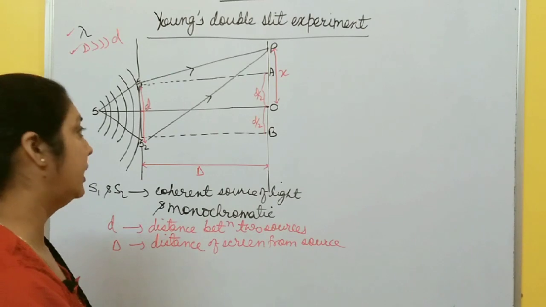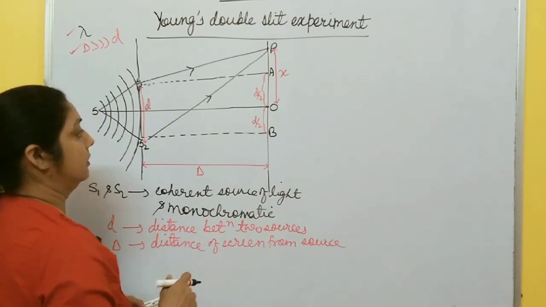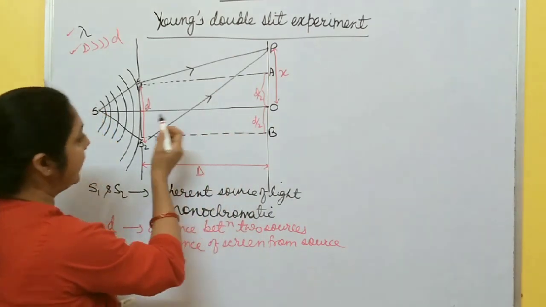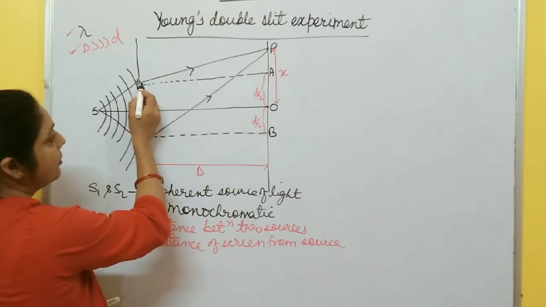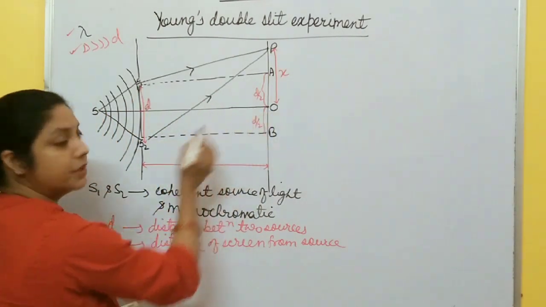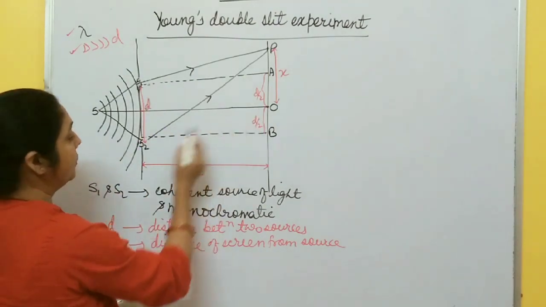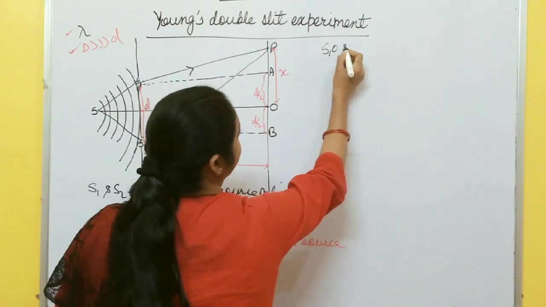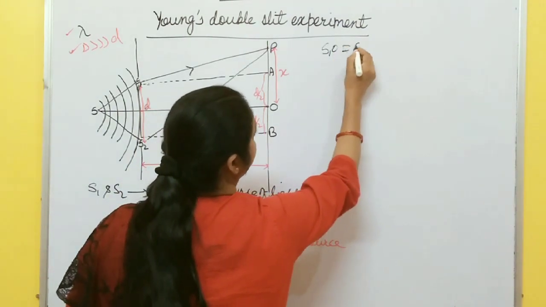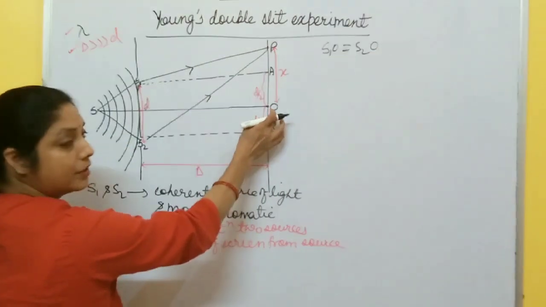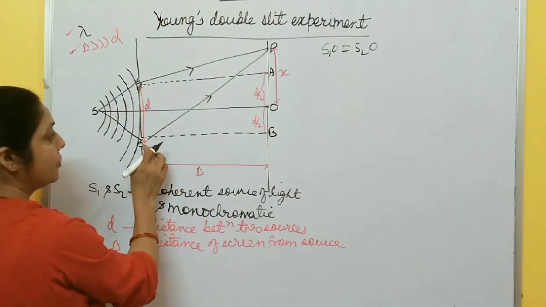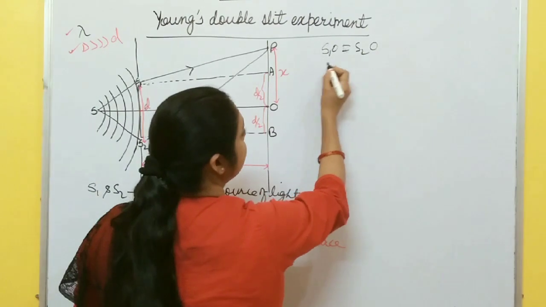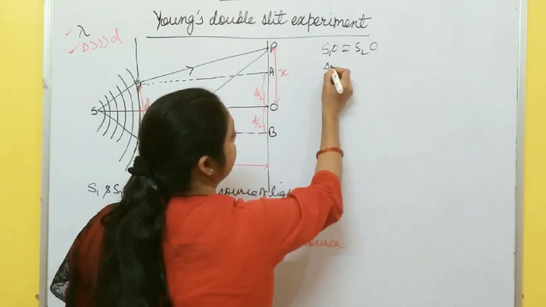Again, it is very clear from the figure that at O, the distance from S1 and S2 is the same, S1O equal to S2O. At the center of the screen the distance from the sources S1 and S2 is the same. It means the path difference is 0. Let us denote the path difference by delta x.